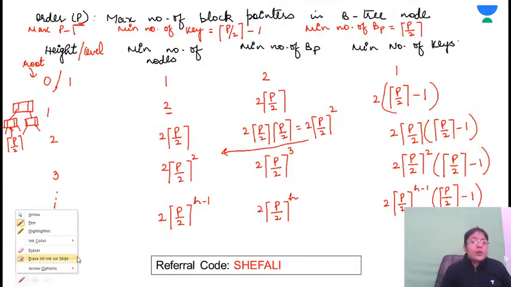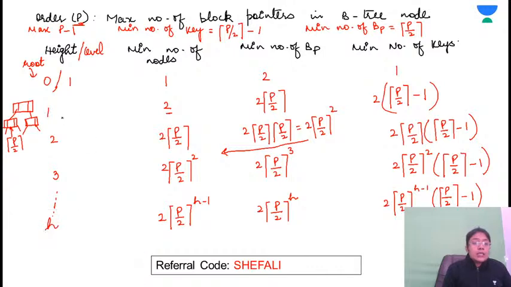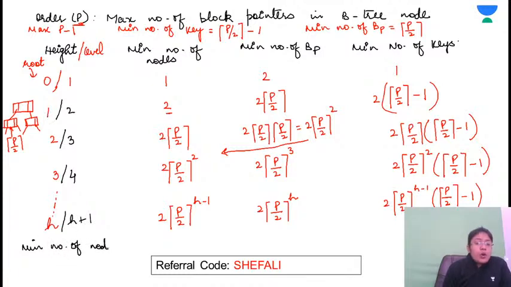If you have to find out with the levels, then you can consider the levels. For example, if the height is 1, level will be 2. Level will be 3. Level will be 4. Level will be h plus 1. So if they are asking for the formula for minimum number of nodes, can you calculate that? If I want to find out the minimum number of nodes with order p, what do you have to do?